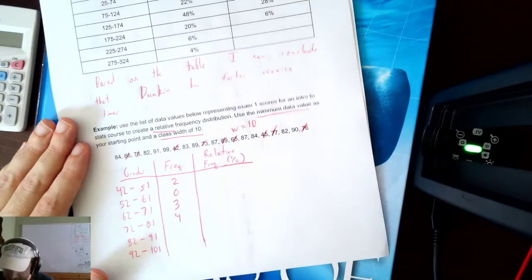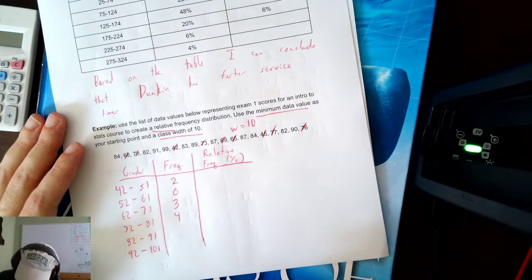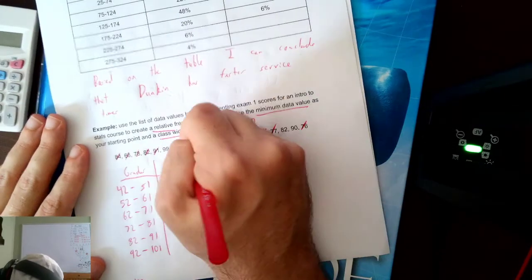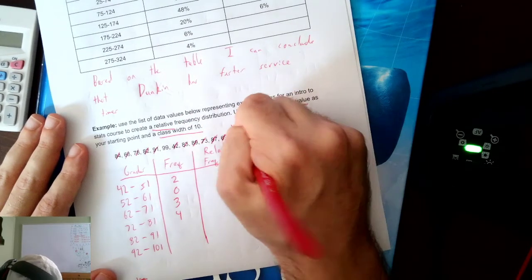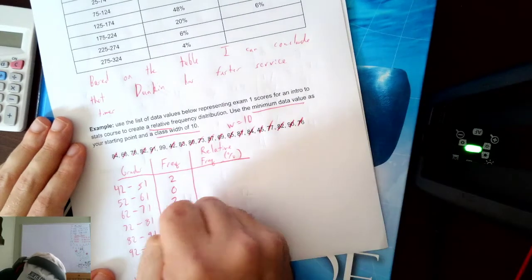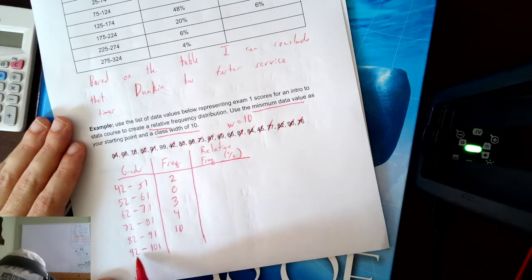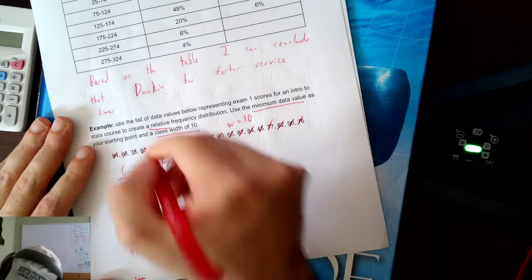I've got 4 in that category. 82 to 91. This one looks like it's going to be flush with numbers. I've got 1, 2, 3, 4, 5, 6, 7, 8, 9, and 10. There are 10 numbers in that category. And then the last one, 92 to 101, I've got 1, and it looks like just 1, right?